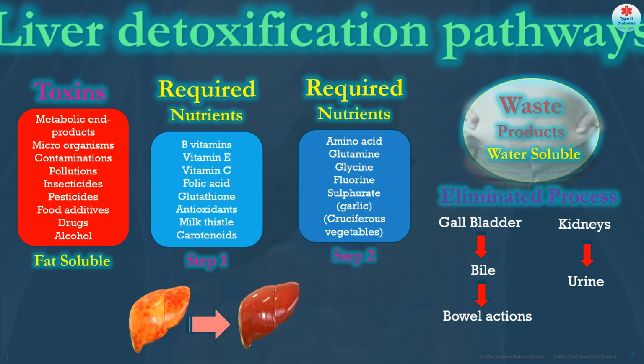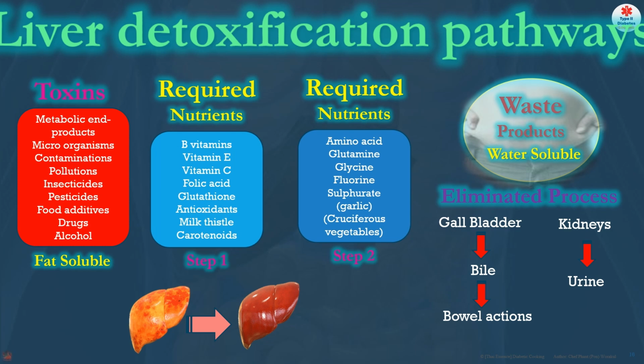Then in step 2 that we're going to do, we have to know the nutrients again: amino acid, the fat, glutamine, glycine, sulfur, and cruciferous vegetables. All these accumulate when you do it, and the toxic waste product becomes water soluble.